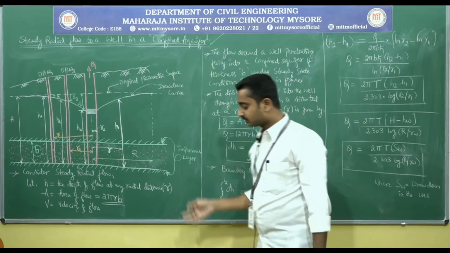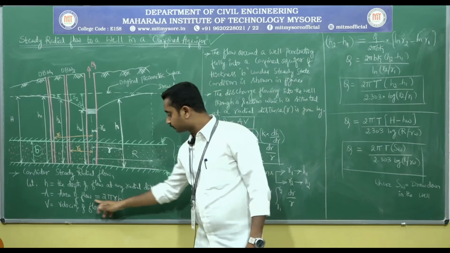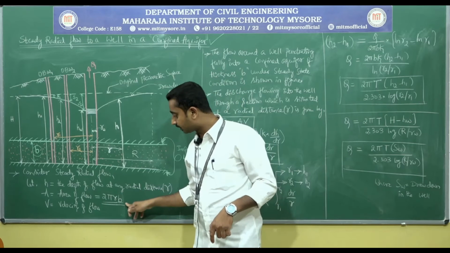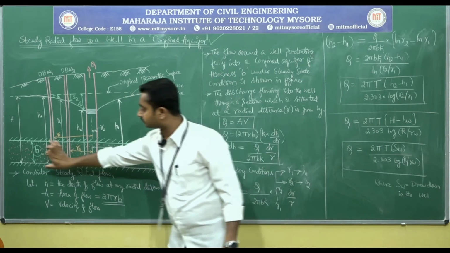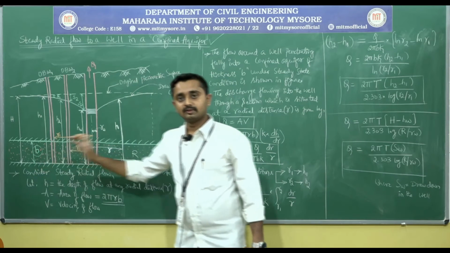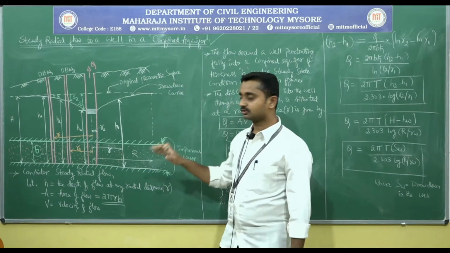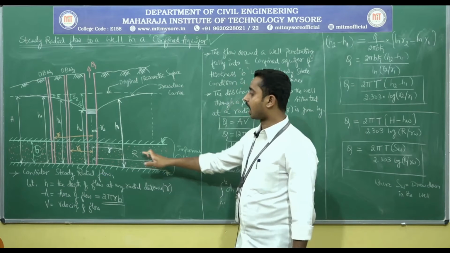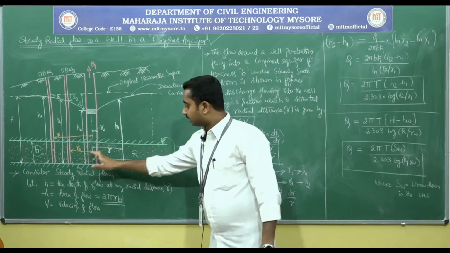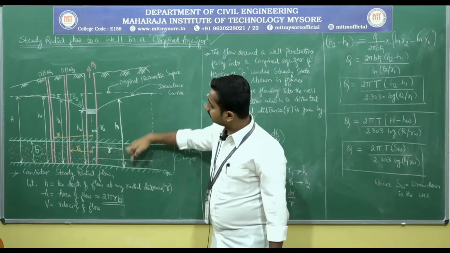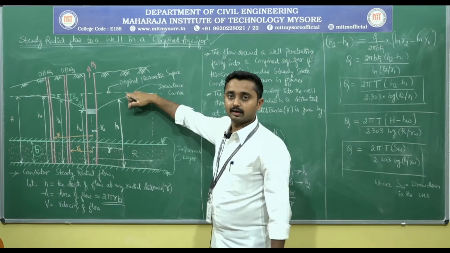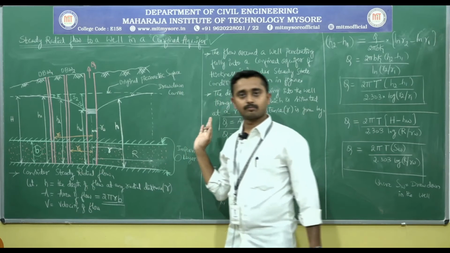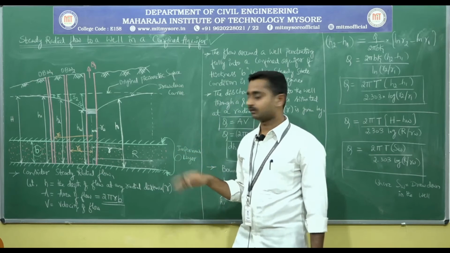In the previous derivation, the area of the flow is 2 pi r h, but here it is 2 pi r b, because the thickness between the impervious layers is B. And there is the radius of influence R, the radial distance r at the corresponding head H. Now consider the steady radial flow, very similar to the last derivation.